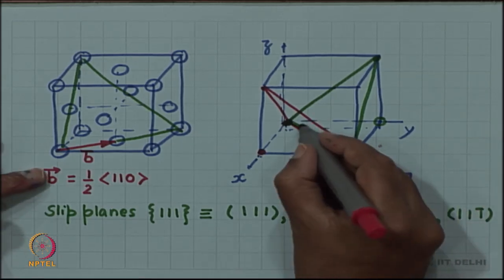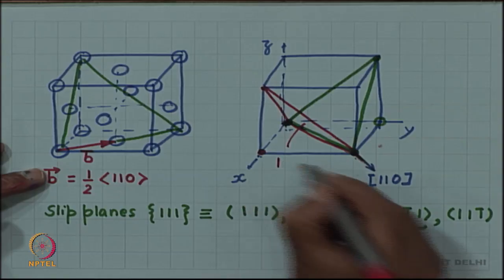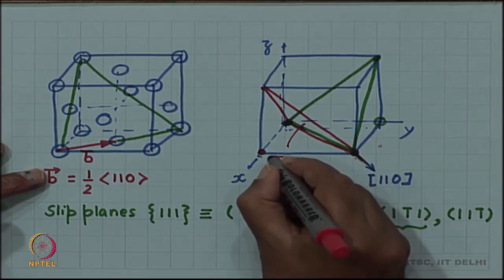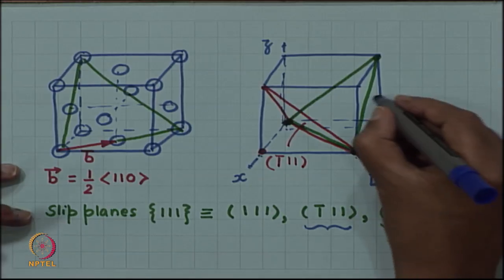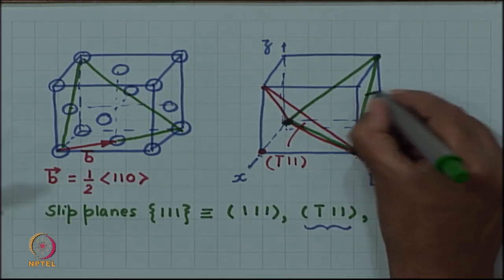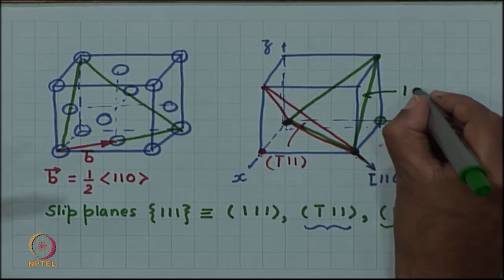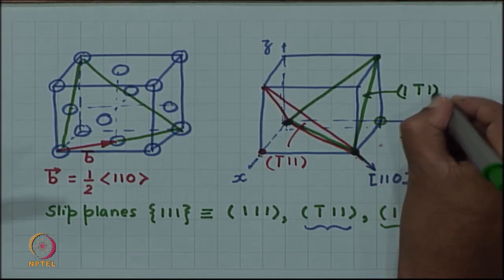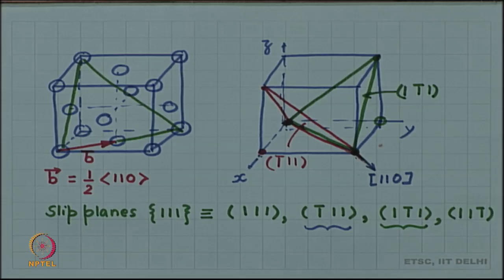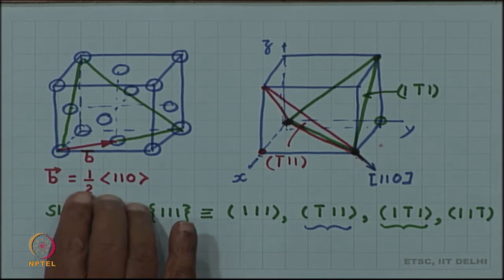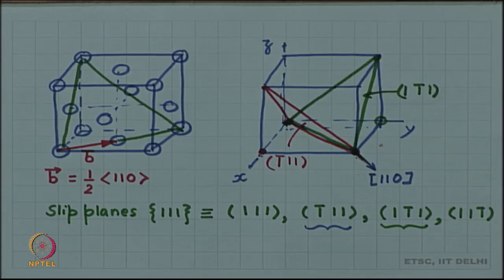So, the red plane is bar 1 1 1, the green plane is 1 bar 1 1 with the common direction being 1 1 0. So, let us start with this situation, and these are the slip planes, and dislocations will be gliding on these planes, and dislocations will have Burgers vector of the type half 1 1 0.